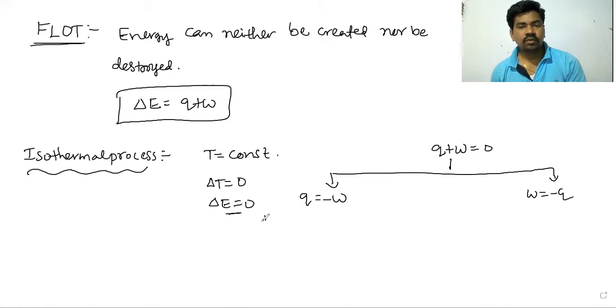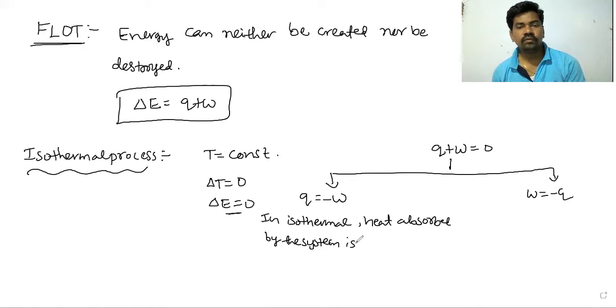So in an isothermal process, heat absorbed by the system is equal to work done by the system.